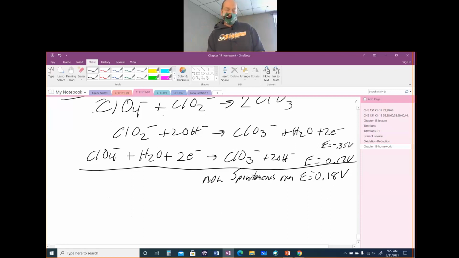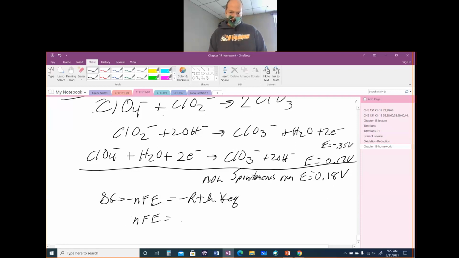And so you have your equations. Delta G is equal to negative nFE, which is equal to negative RT ln KEQ. And we're looking for the KEQ. So we can multiply through by negative 1 and have nFE is equal to RT ln KEQ.